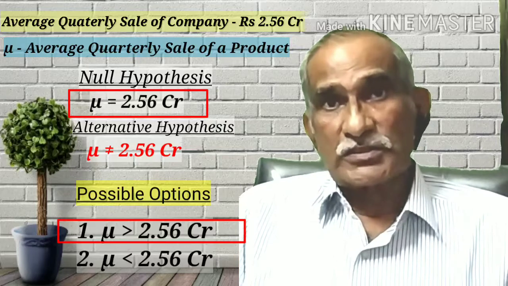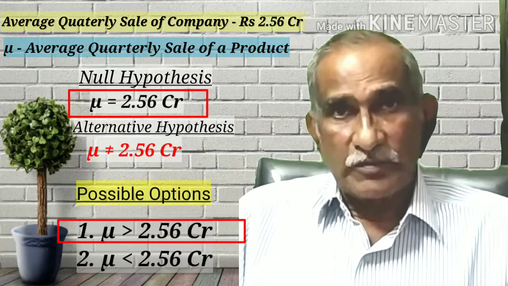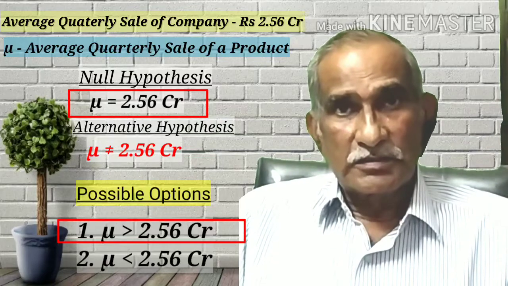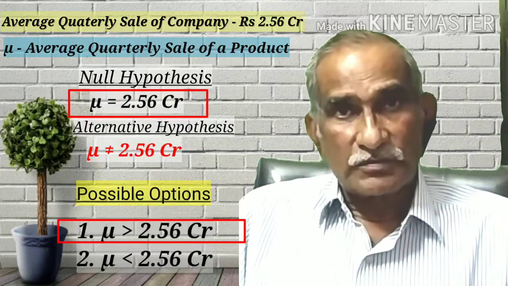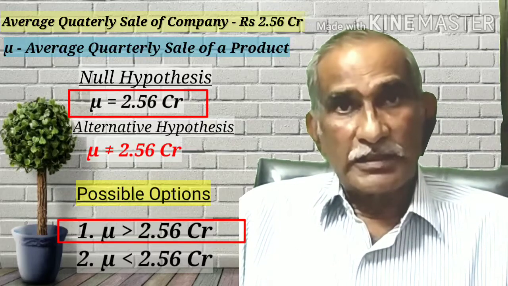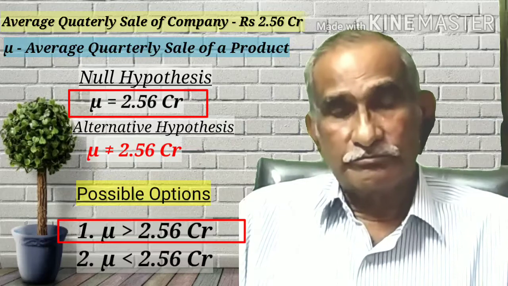So here is a situation where we are not taking the alternative hypothesis as mu not equal to 2.56 crore.